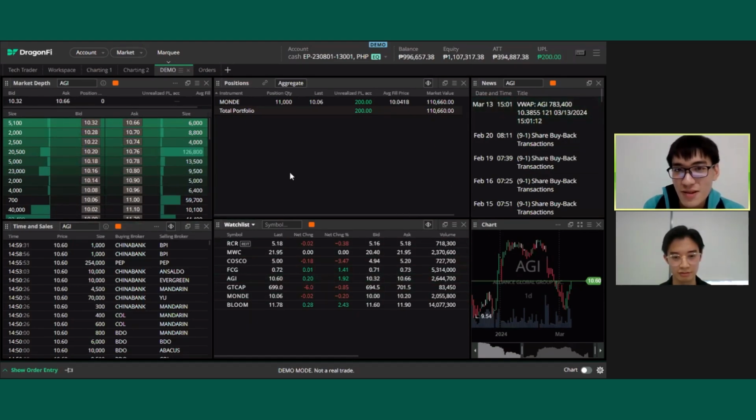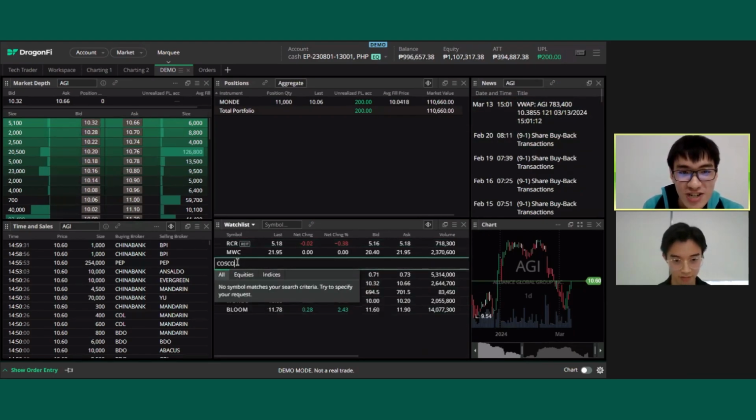Then here, a good thing you can also do is link the widget. So for example, it's not linked at first. So let's unlink it first. So here, if you press FCG, if you notice the time and sales, the market depth, the news, they're still on AGI, right?